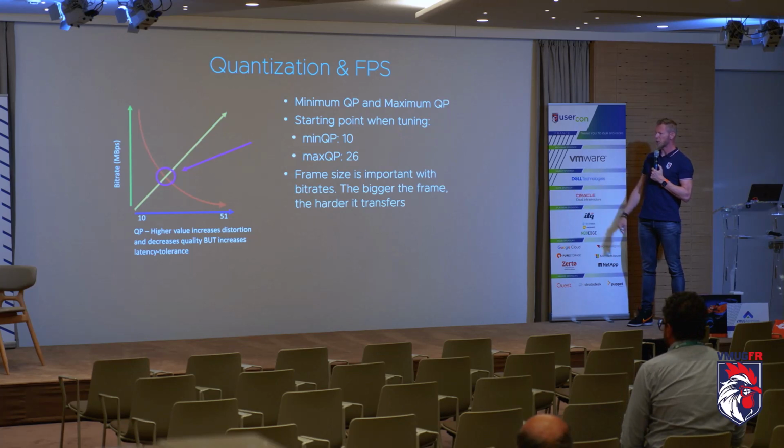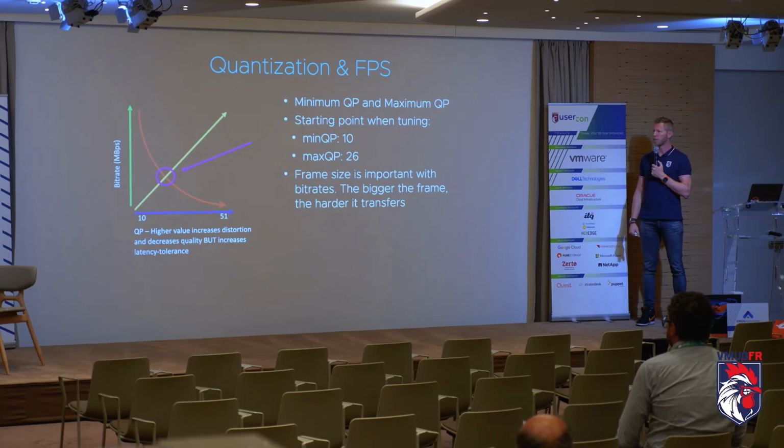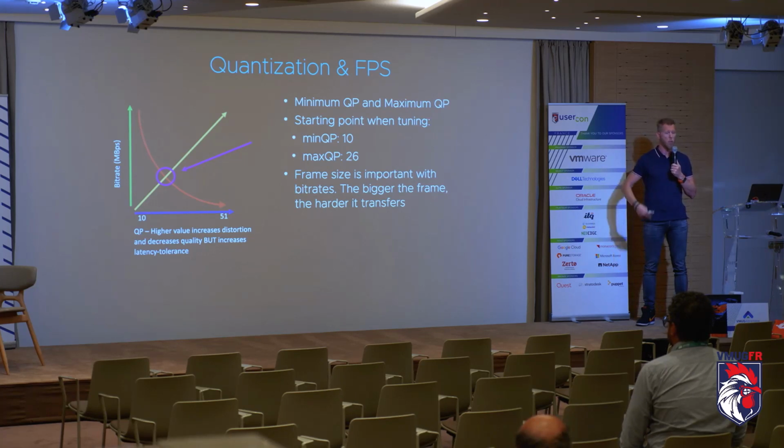Now, frame size in this case is important, and this is one of the biggest misconceptions we see at customers. Like, yeah, well, we have a 4K screen, and we want to have great quality in a remoted session on 4K. But they forget that 4K is 4 times a full HD screen, and especially when you don't compress the individual frames, every single frame that's sent over to the endpoint could be 20 MB.